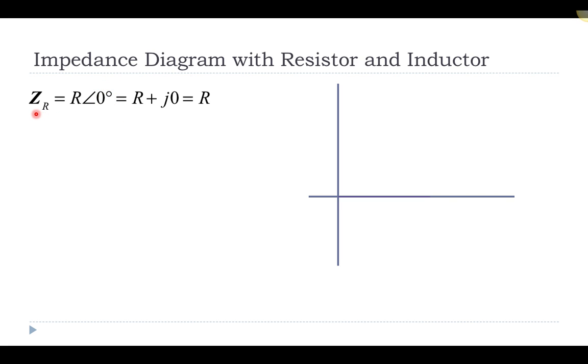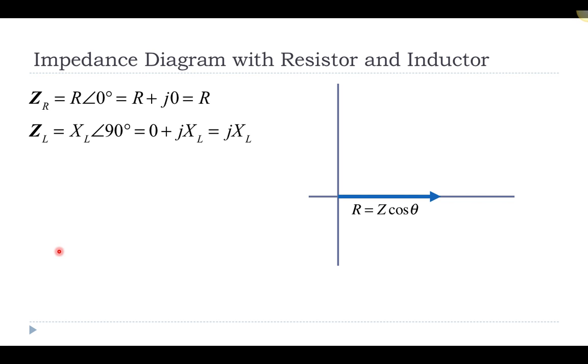So if you have a purely resistive component in a circuit, it means that the current through the resistor is in phase with the voltage across the resistor, and that's why this angle is 0. And we could represent that in an impedance diagram in terms of our complex numbers as being along the real axis. I'll come back to this a little bit later.